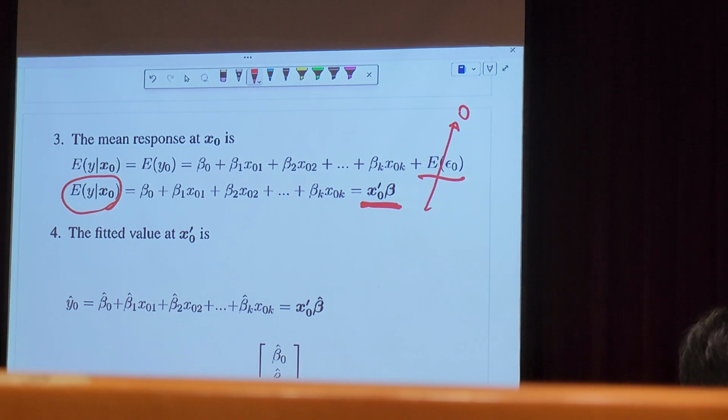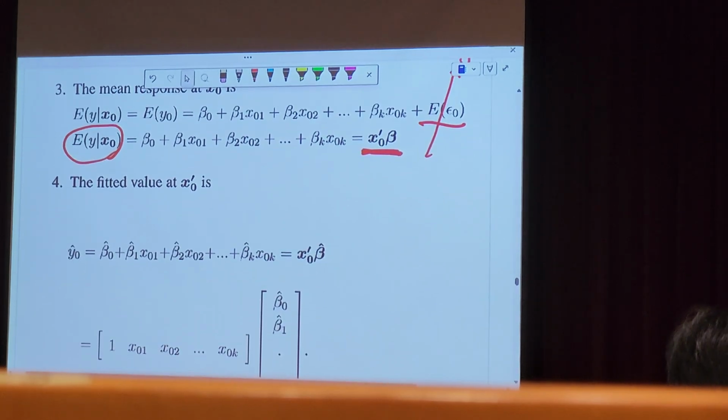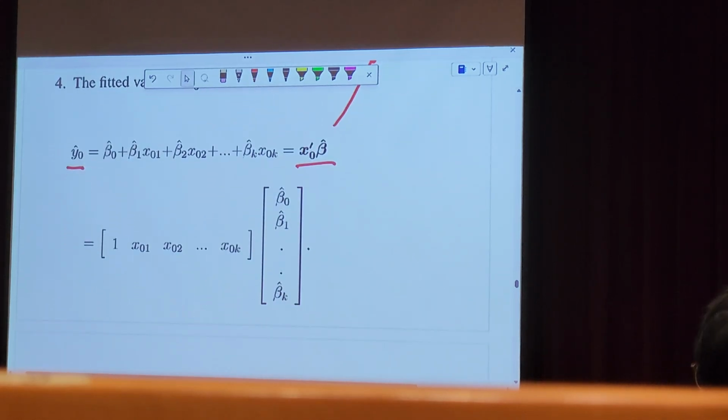Now the estimate for this mean is this one. We just substitute all the betas with the estimators, beta naught hat and so on. So we are going to use this to estimate this. And it can be shown in matrix notation here. Alright?